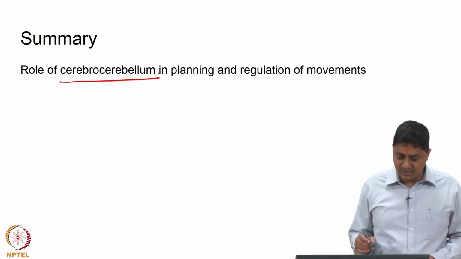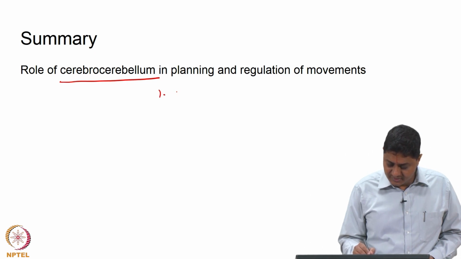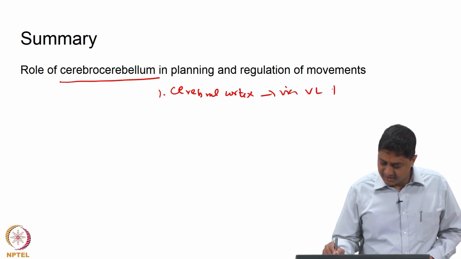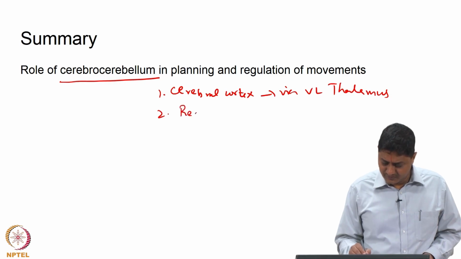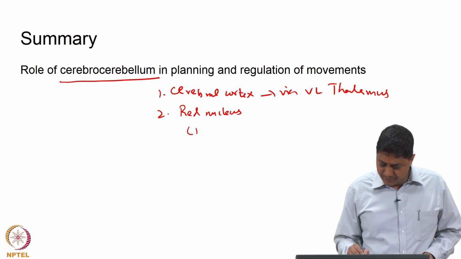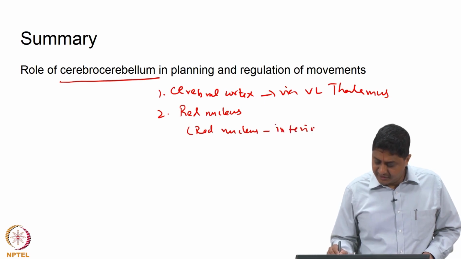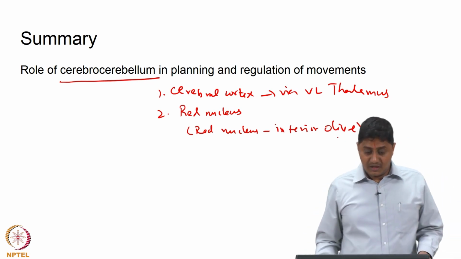We discussed in particular two loops: one to the cerebral cortex via the ventrolateral thalamus through the dentate nucleus, and to the red nucleus, or the recurrent loop involving the red nucleus and inferior olive. We will continue our discussion on the cerebrocerebellum in the next class.